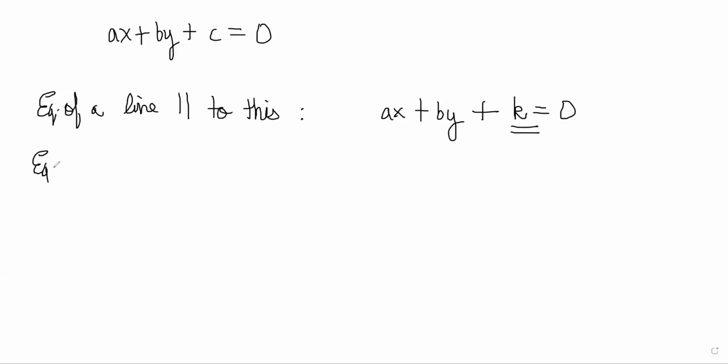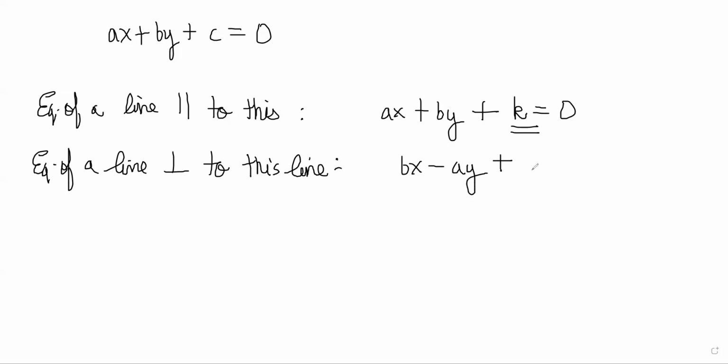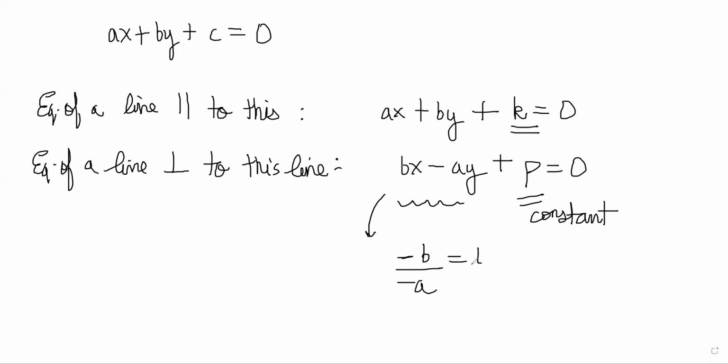And similarly, equation of a line perpendicular to this line would be bx minus ay plus p equals 0. And p is another constant. Why am I putting bx minus ay? Because right now the slope of this line is minus b by minus a, which is b by a, whereas the slope of my original line was minus a by b.